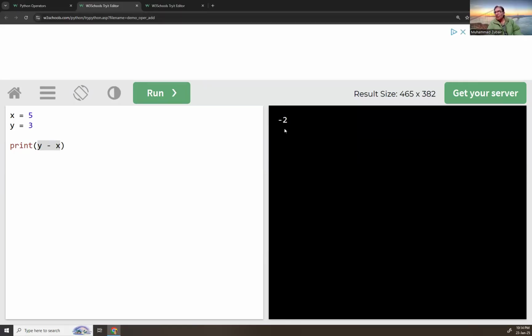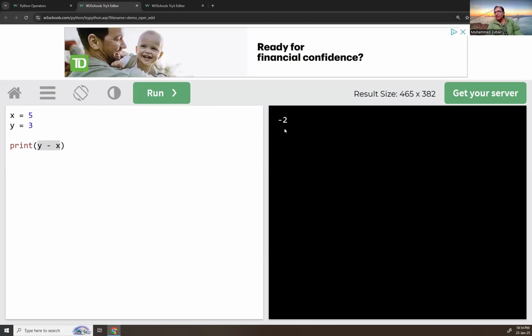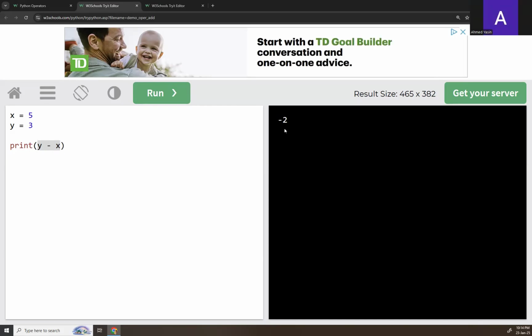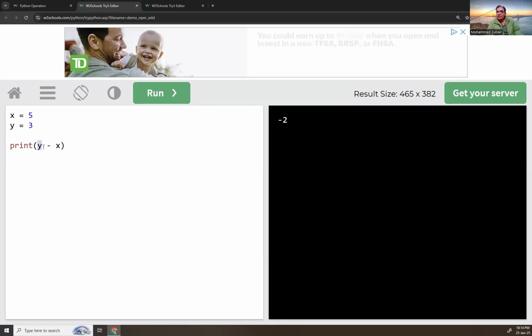Have you done this kind of question in your classroom, in your school? Nope. Okay. So this is y, and y is 3, and then x is 5. And if you subtract 5 from 3, it becomes minus 2, right?